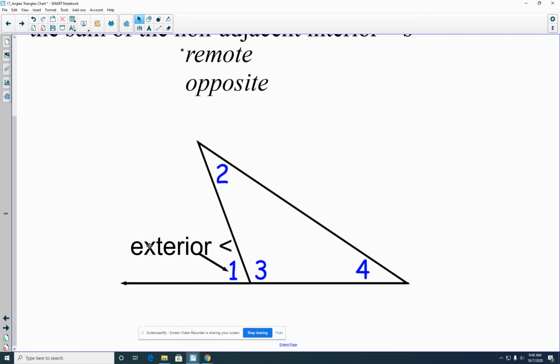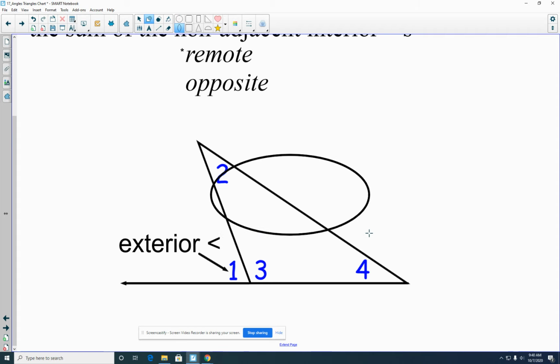So once you extend the side of the triangle and you create an exterior angle, we have three other interior angles. And the cool part is that the two angles that are furthest from your exterior angle but are inside the triangle, their sum will always equal the exterior angle, which is why it's known as the exterior angle theorem.